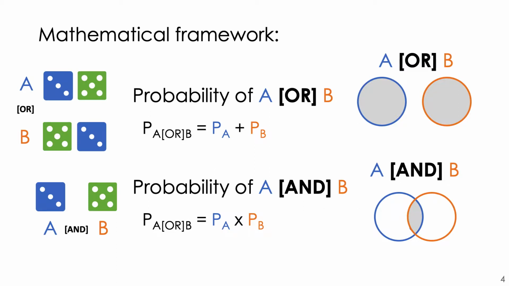We used the example of playing dice to get to the ideas of how to operate when we have two events that could happen simultaneously: the probability of A or B, and how the total probability is the addition of the individual probabilities, and how, on the other hand, if we have the probability of A and B, the total probability is the product of the individual probabilities.